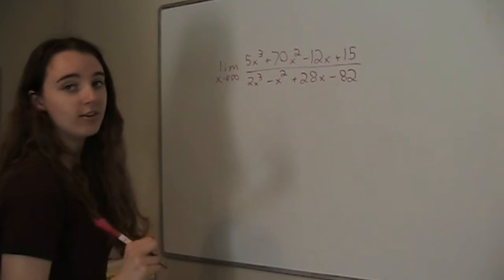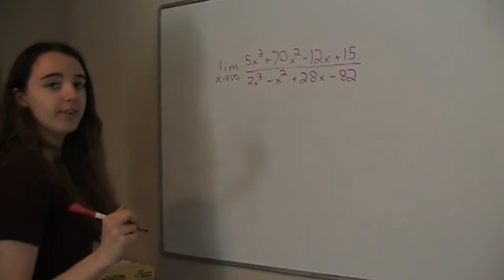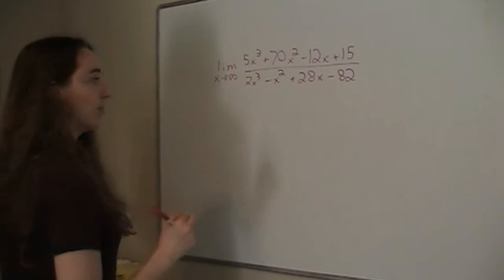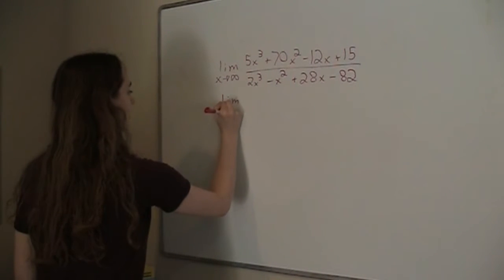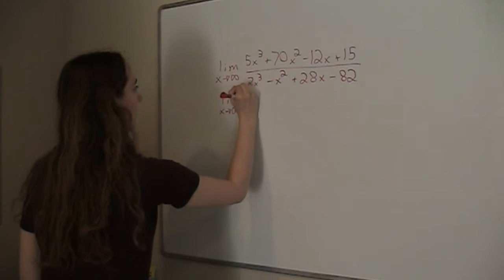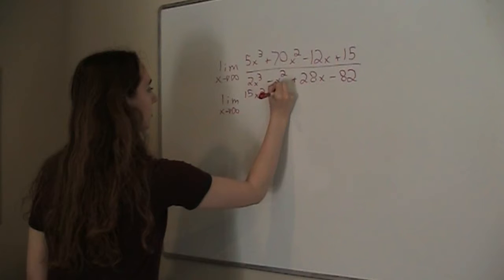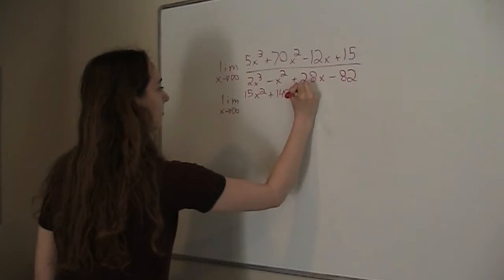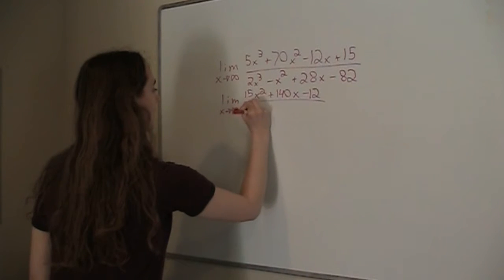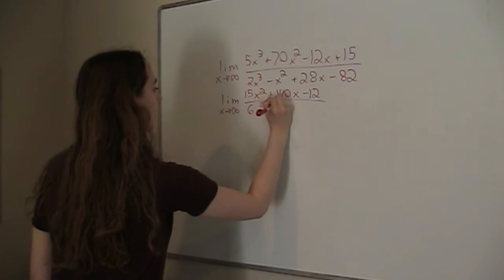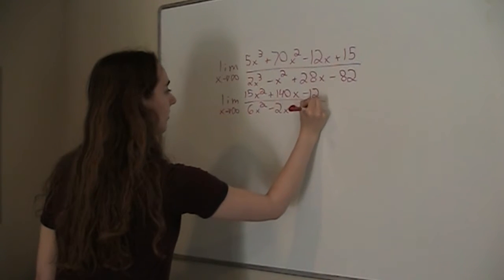Doing this with long division was way too hard, so I'm going to use L'Hopital's rule. I need to take the derivative of the top and put it over the derivative of the bottom. The limit as x approaches infinity of 15x squared plus 140x minus 12 over 6x squared minus 2x plus 28.